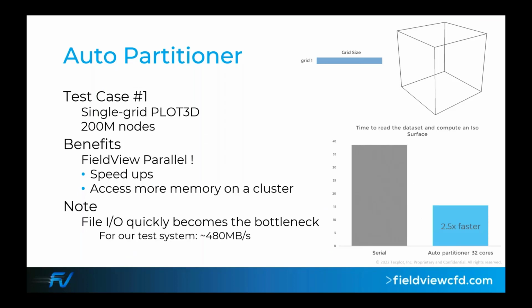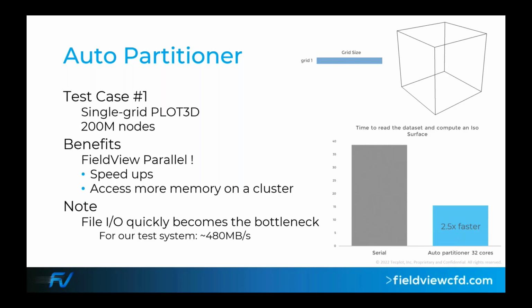So looking at real numbers, numbers that were obtained on a larger system, running in batch to have more accurate and easier to reproduce timing. Going from serial to using the Auto Partitioner on 32 cores this time, we had a 2.5 times faster operation for doing the same thing: reading the case, computing and rendering an isosurface for this dataset.